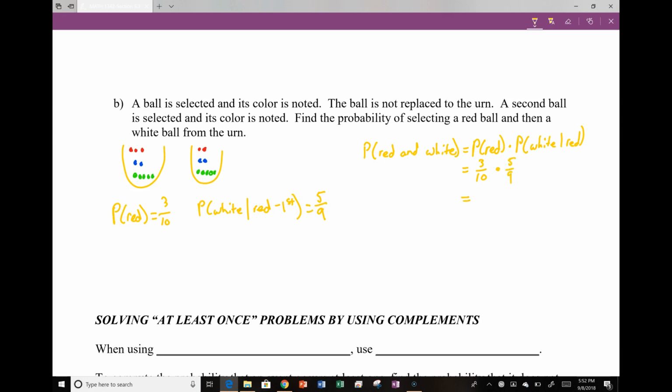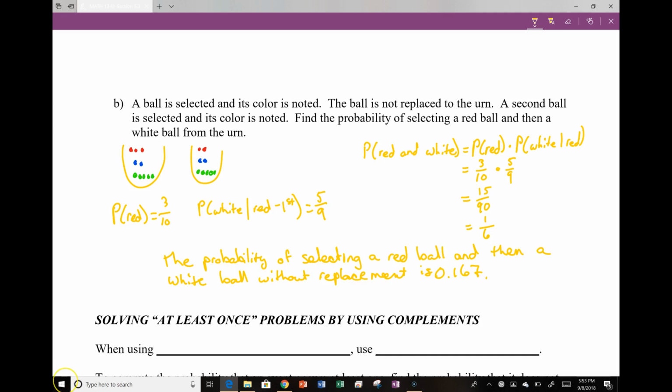So the probability of a red on the first and a white on the second for this one is equal to the probability of it being red times the probability of a white given a red was drawn on the first one. The probability of the red on the first was 3/10. The probability of a white, given that we drew a red one, is 5/9. I'm going to multiply across. That gives me 15 over 90, which simplifies down to 1/6. If I change this 1/6 to a decimal, it's going to be 0.167.